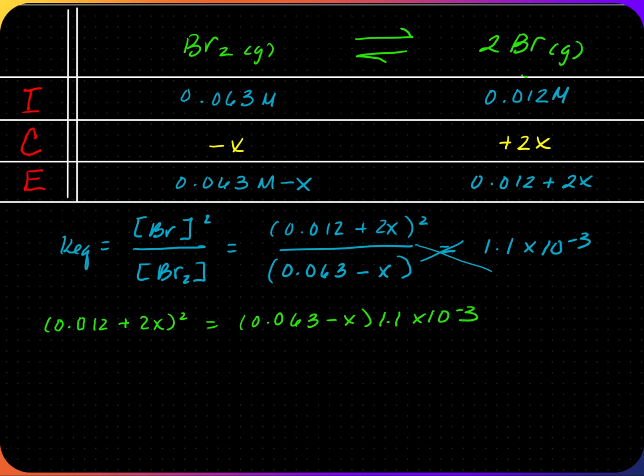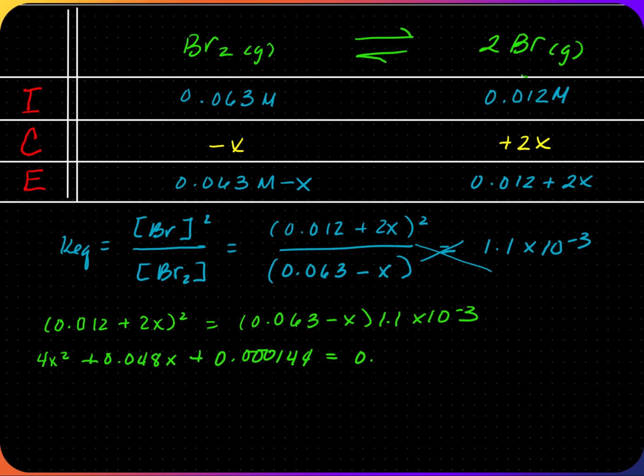So you need to FOIL the left side, and when you FOIL the left side, you get 4x squared plus 0.048x plus 0.000144.